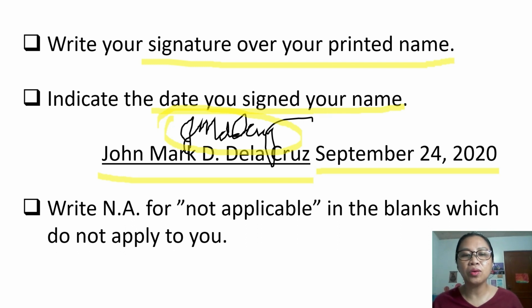And also in some cases in a personal data sheet, your siblings are asked, your brothers' names or your sisters' names, so you just have to write their names and print them also.